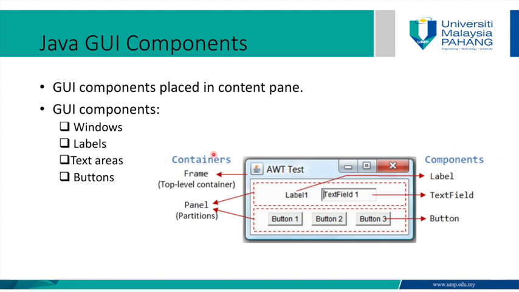Container consists of the frame, which is the top level container here, and then the panel, which are the partitions. Here you can see there are two panels in this GUI, and then also the components are the small little things inside the panel, which are the label, the text field, and the buttons.